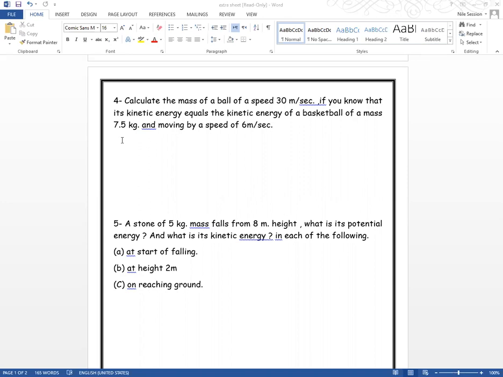So first we need to calculate the kinetic energy of the basketball.